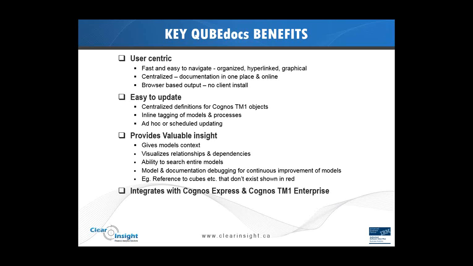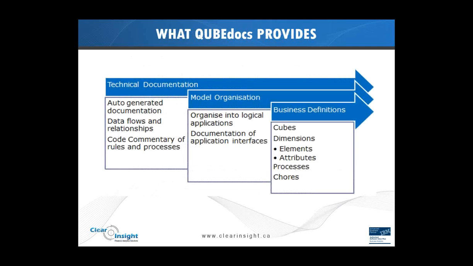So you could be using Cognos TM1, you could be using Cognos Enterprise, you could be using Cognos Express. Any of those solutions all apply for QUBEdocs. So any environment that is using TM1 cubes under the covers is what we mean, and that it works and integrates with. So it's going to provide you technical documentation that's auto-generated with data flows and relationships within your environment.